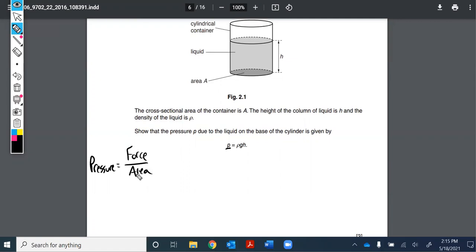Here in America, we'll typically measure pressure in PSI, pounds of force per square inch of area. The SI unit of pressure is the Pascal. A Pascal of pressure is equal to a Newton of force divided by a square meter of area.